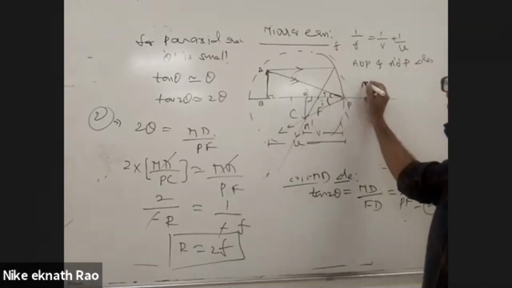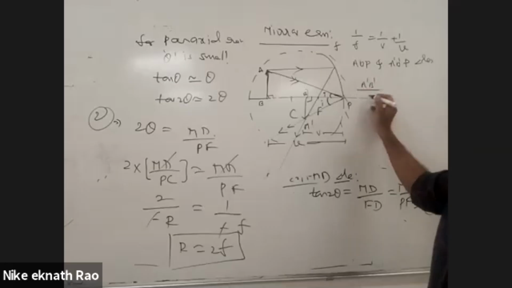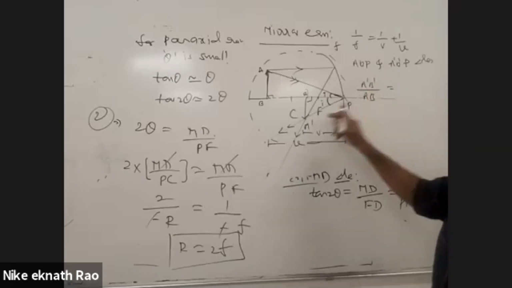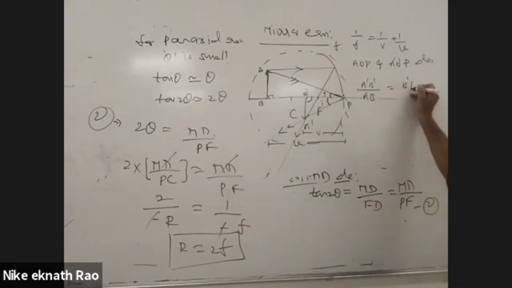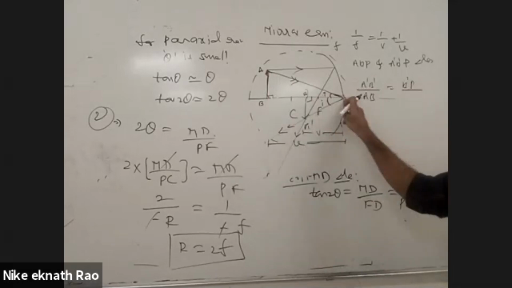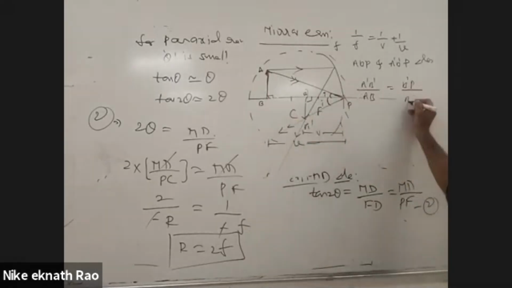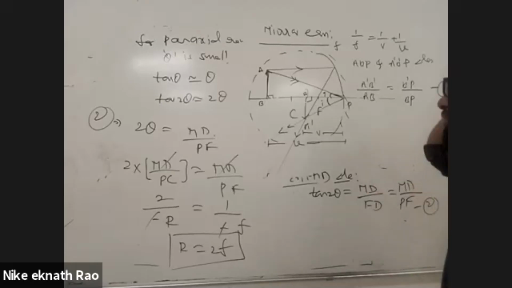If I take A dash B dash by AB, it is equal to B dash B divided by BP. Equation number 1. Similarly, I have to relate the focal length.